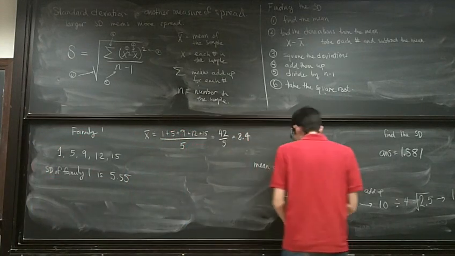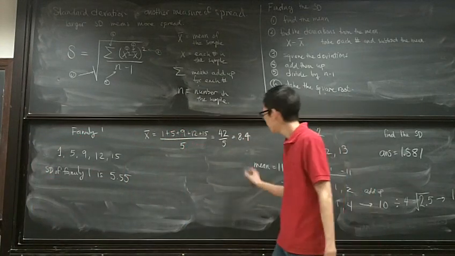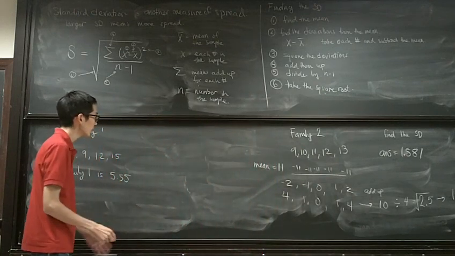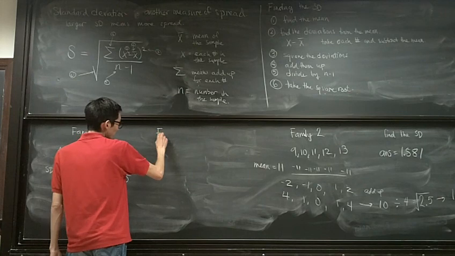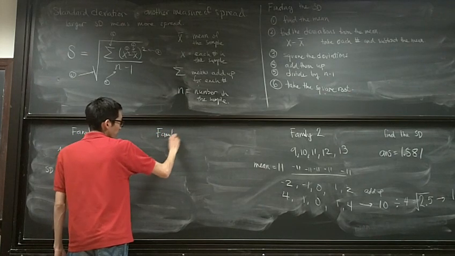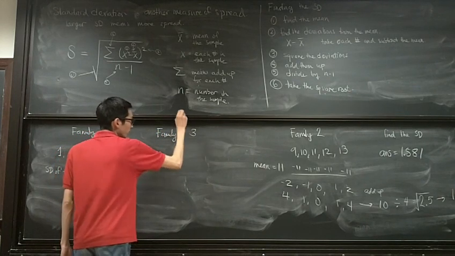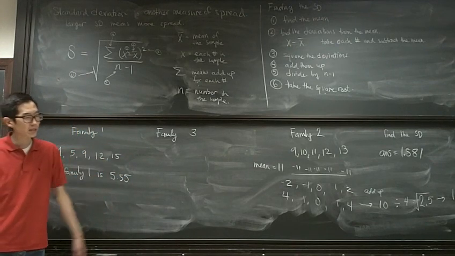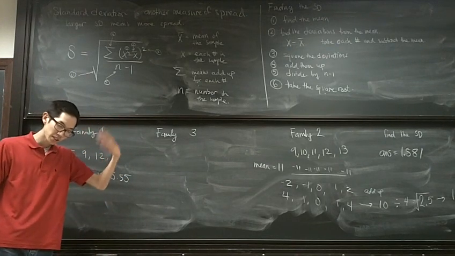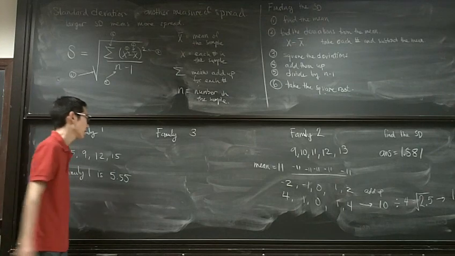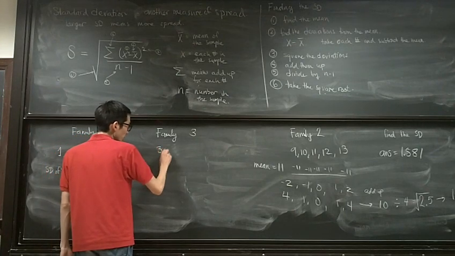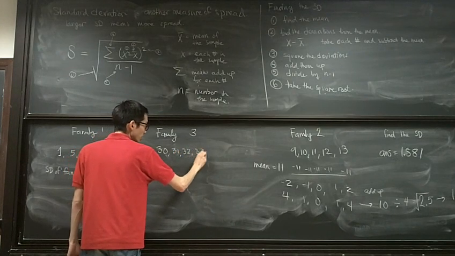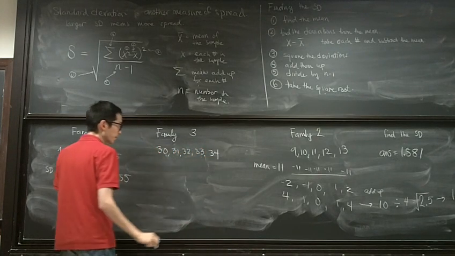Alright, so let's check our understanding here. What if we look at family 3, okay? And you don't have to write this down. Just imagine, okay? Let's say the ages of family 3 are 30, 31, 32, 33, and 34.